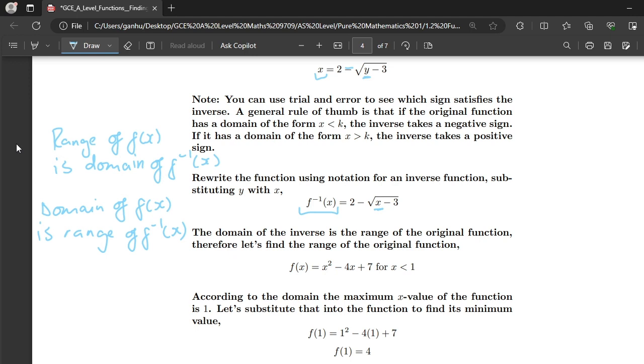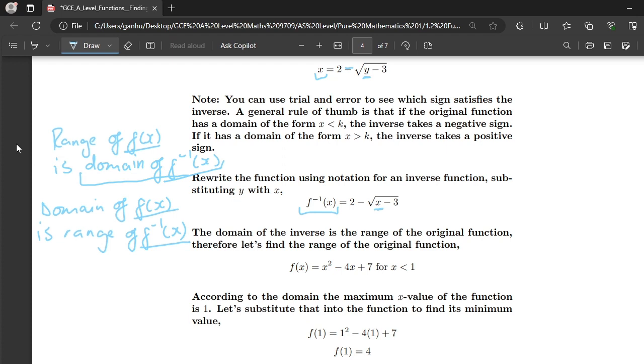So the range of the original function is the domain of the inverse function. The domain of the original function is the range of the inverse function. So in this case, the question requires us to find the domain of the inverse function. So that is the same as the range of the original function.